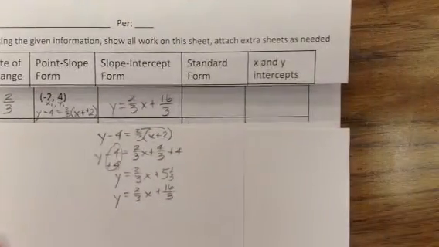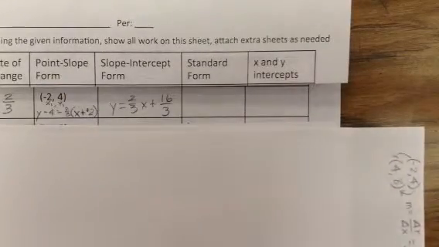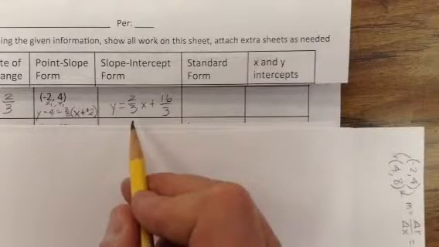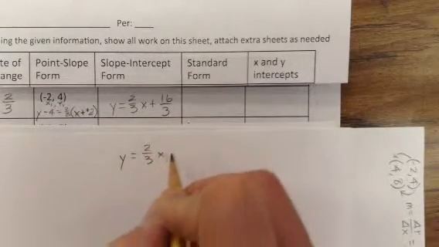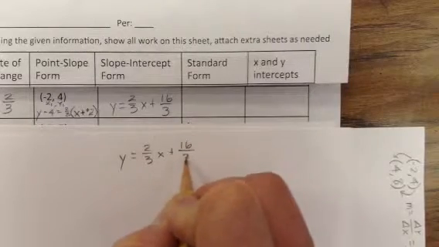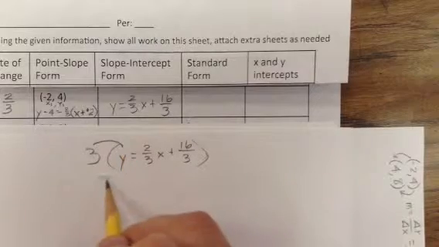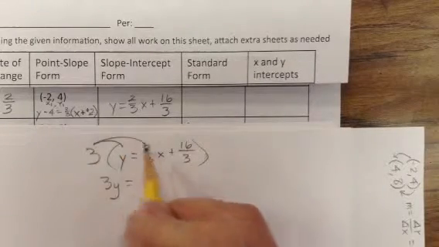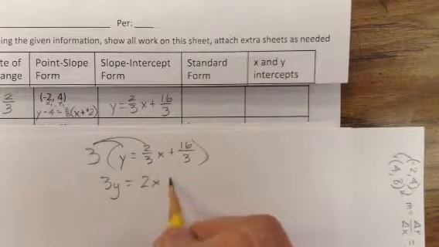So now we're going to take this and go to standard form. Okay, standard form, we cannot have any fractions, so look at your denominators. They're all 3, so we're going to multiply everything by 3. So that's a 3y. 2/3 of 3 is 2 in front of the x.